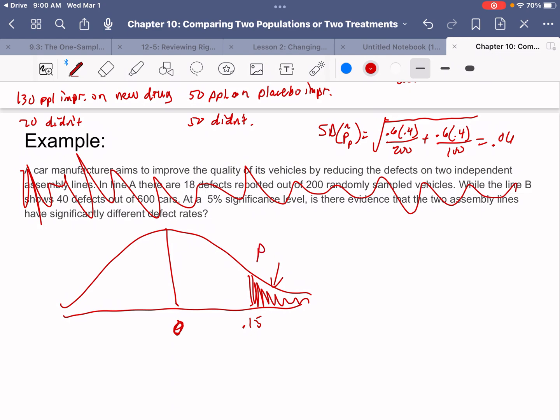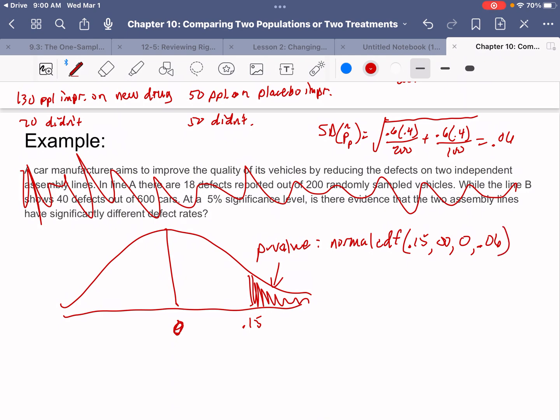So we're looking for our p-value. And the way we calculate our p-value, guys, we're back to doing a z-test. So we can use normal CDF, and that would be 0.15 for our lower bound, infinity, something big for our upper bound, 0 for our mean, and 0.06 for our standard deviation.